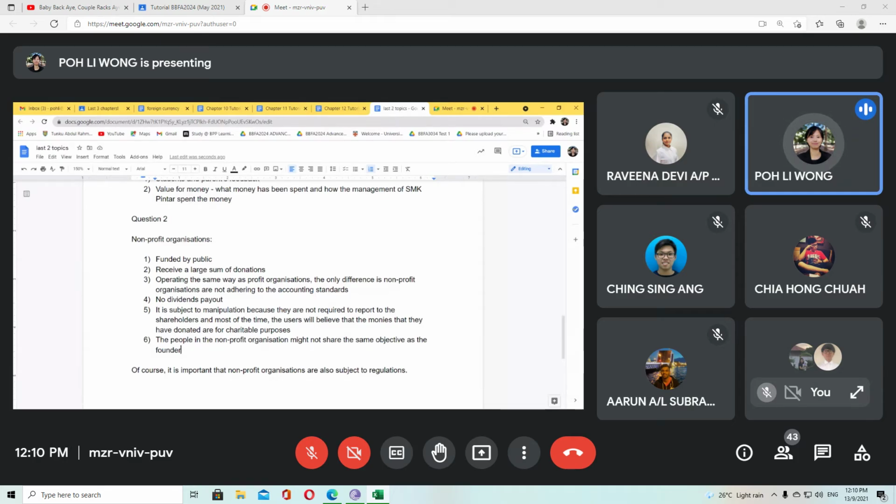So based on these few points here, of course, it is important that non-profit organizations, they are also subject to regulations, just like SMEs, just like PLCs. So of course, we can argue that non-profit organizations, they are not required to report to anybody. That is true. They are not required to report to anybody.